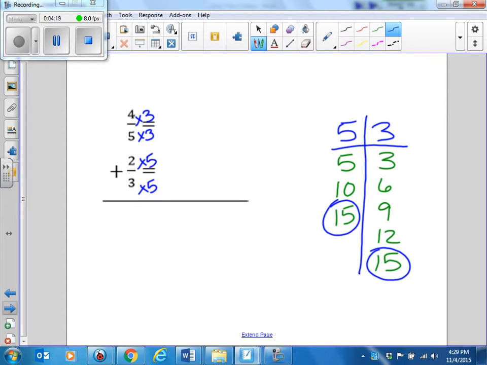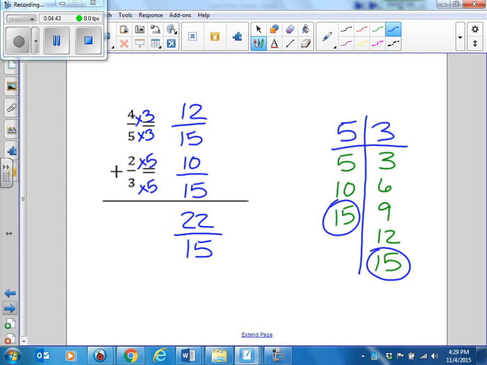Okay? So 4 times 3 is 12. 5 times 3 is 15. 2 times 5 is 10. And 3 times 5 is 15. And then I have 10 plus 12, that's 22. And my denominator stays the same. My denominator is 15.